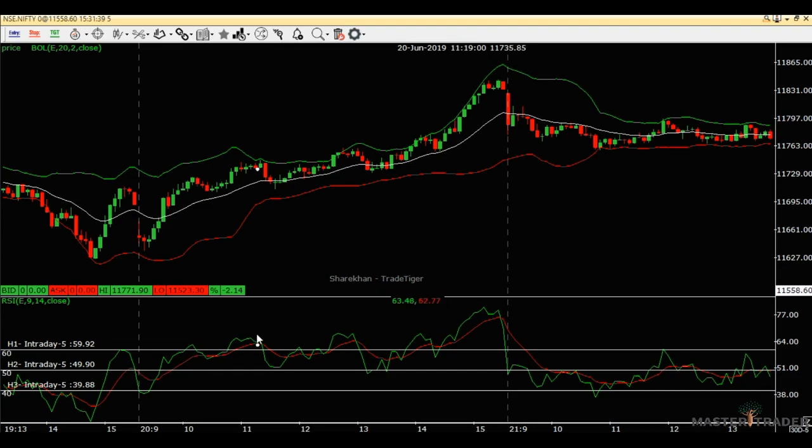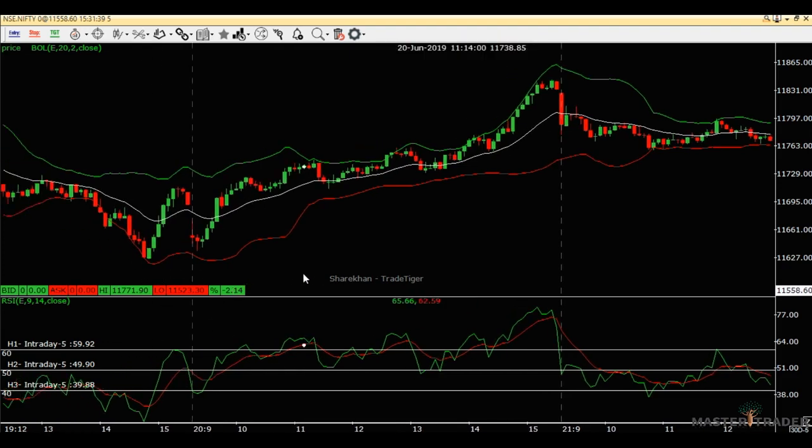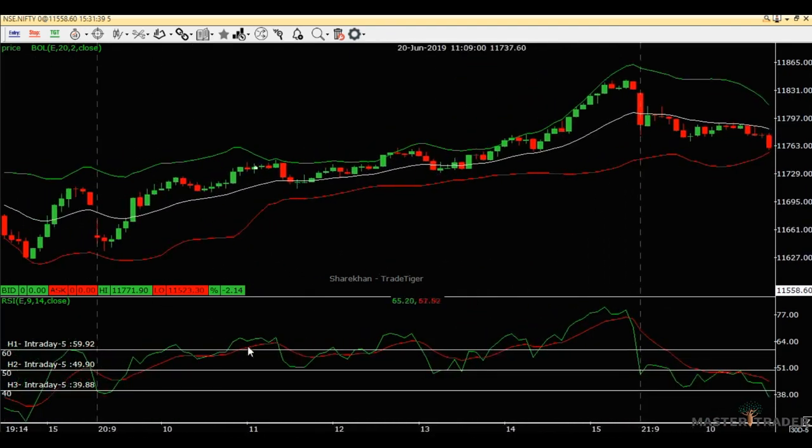Now, where's my trading opportunity? So now RSI goes above 60, which is bullish for the stock, and now it starts to pull back. See where it's taking support, right at the 50 level.